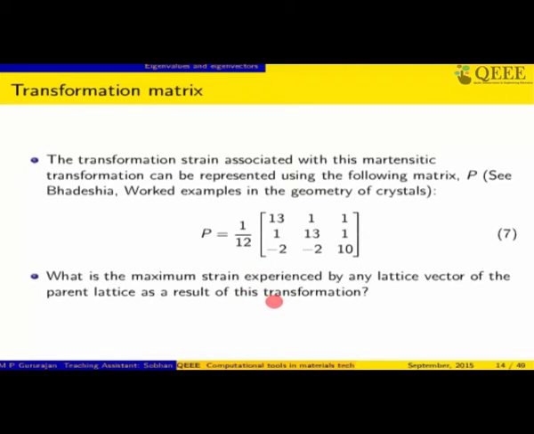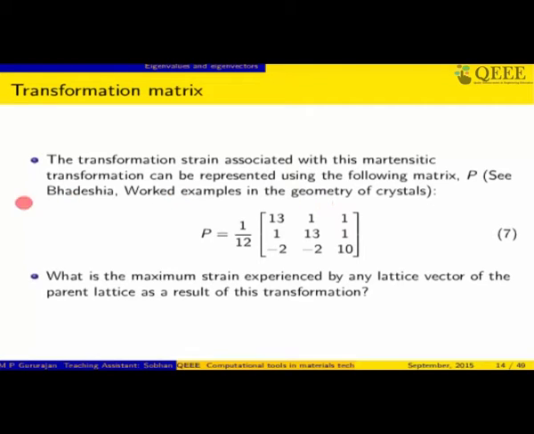Problems of this type with all this important material science information are described in great detail in a textbook which is available for free online by Bhadeshia, called Worked Examples in the Geometry of Crystals. All these problems are taken from Bhadeshia's book.